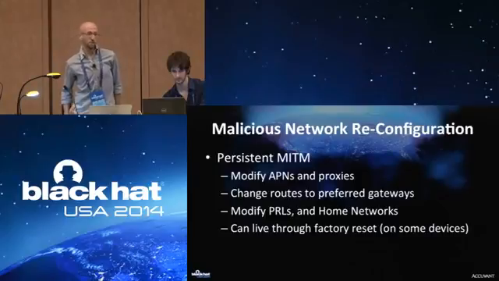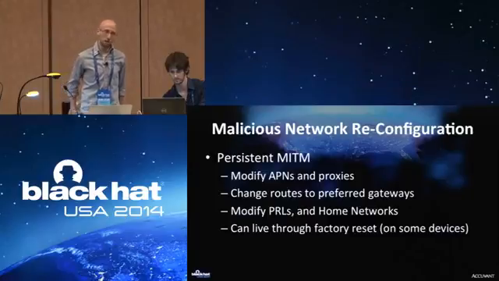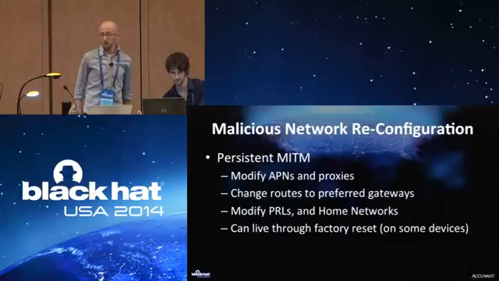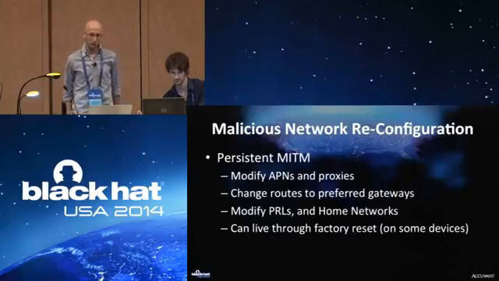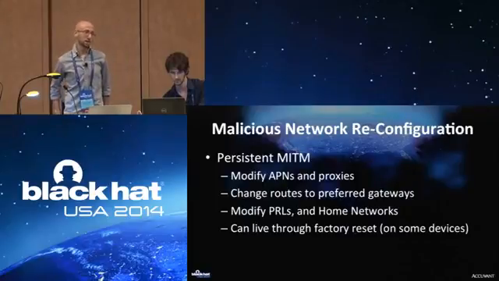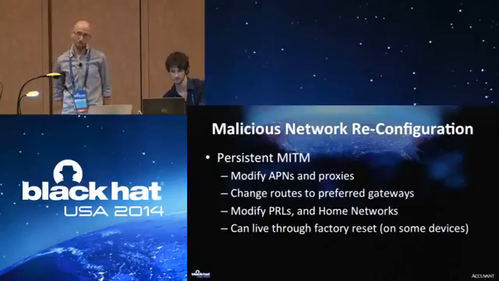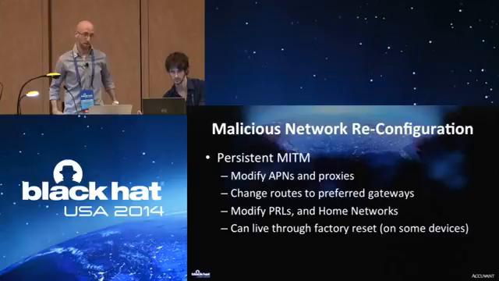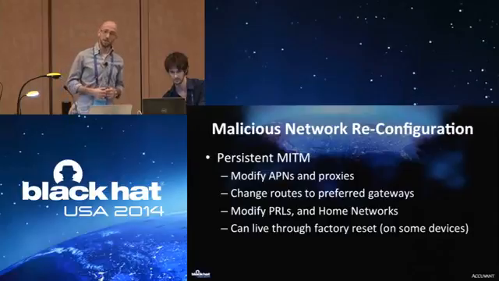More or less reconfigure different device settings to always go over proxies or APNs, different kinds of routes that you want. Depending on the device itself, many of these settings will get written into baseband, including into the NVRAM itself, the EFS. So more or less, even if you factory reset, you still can't get rid of it.